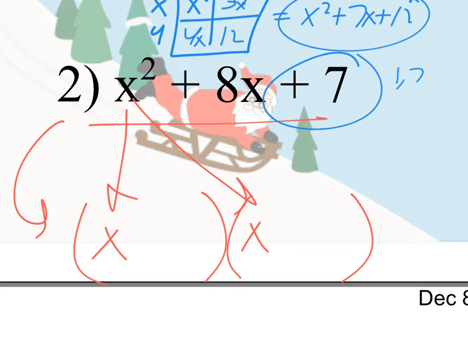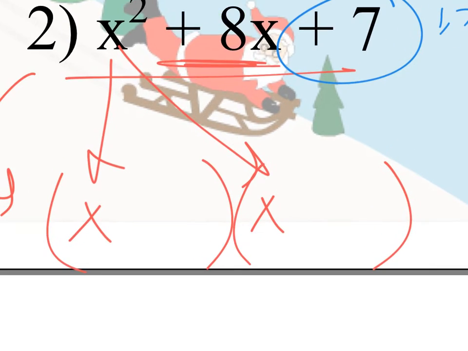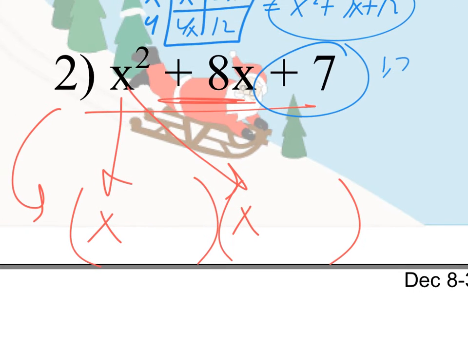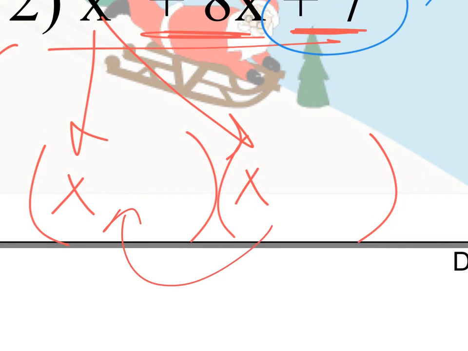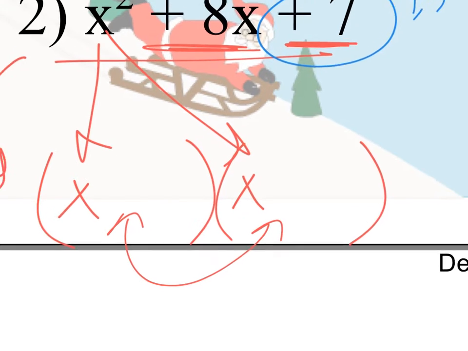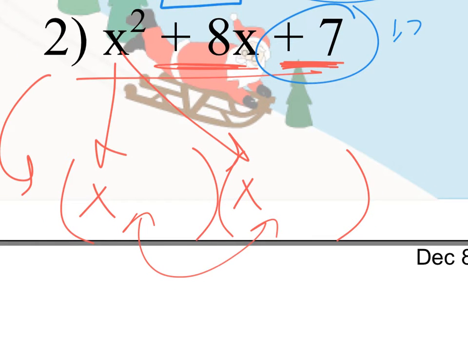And since it's positive 7, and I'm trying to add together to get positive 8, when I multiply things together to get positive 7, what does that tell me about the signs in these two binomials? Well, if I'm going to get a positive number, that means that the signs either have to be both negative or both positive.